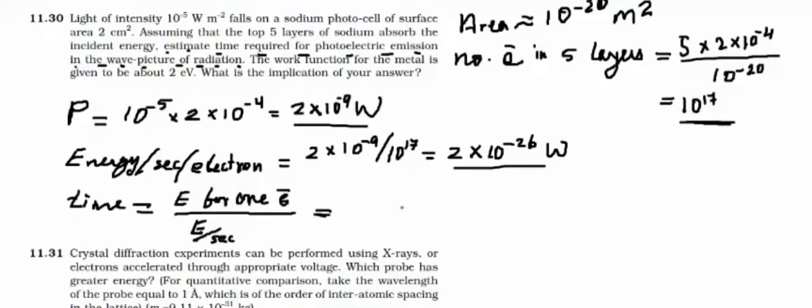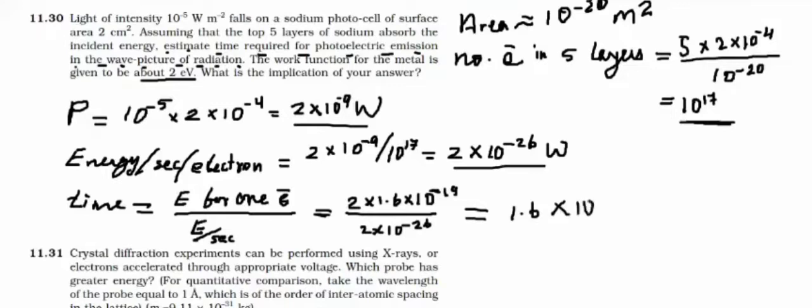Now the question says that the work function of the metal is 2 electron volts. So what is the energy to emit one electron? That is 2 electron volt, 2 into 1.6 into 10 power minus 19, the energy required to emit one electron, divided by energy per second. Energy per second is 2 into 10 power minus 26, and you will get 1.6 into 10 power 7 seconds.